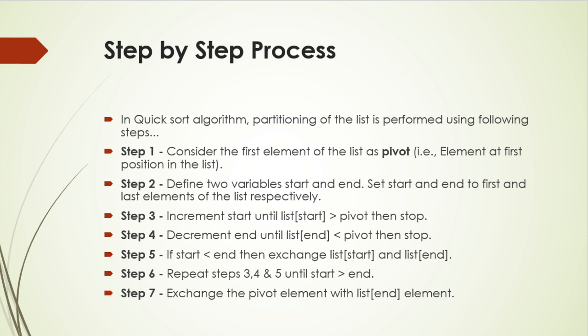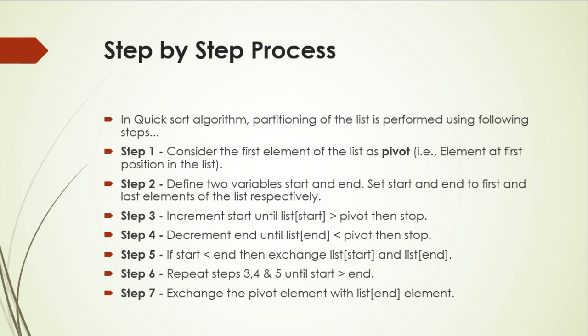Means if you find any element which is less than or equal to the pivot element, then we increment the start variable in step 3 until we find an element greater than the pivot element. And in step 4, if you find an element greater than the pivot element, then decrease until we find a value less than the pivot element.